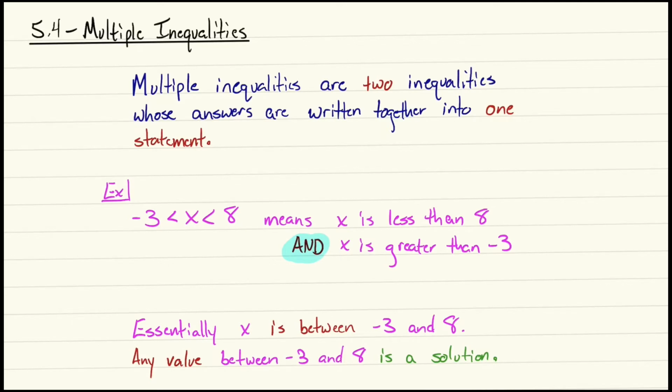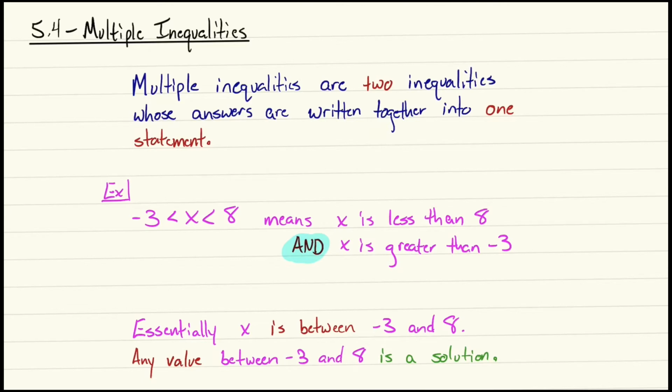We've talked about before how inequalities have multiple answers, and multiple numbers can work. This tells us exactly where those answers are going to be: because we have -3 is less than x is less than 8, our answers have to be in between the numbers -3 and 8.